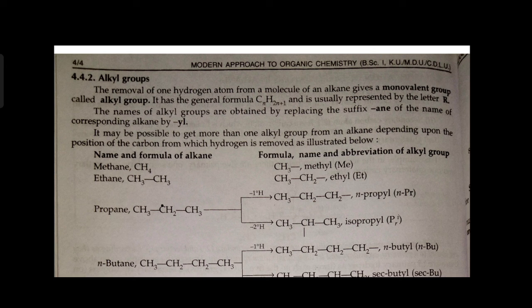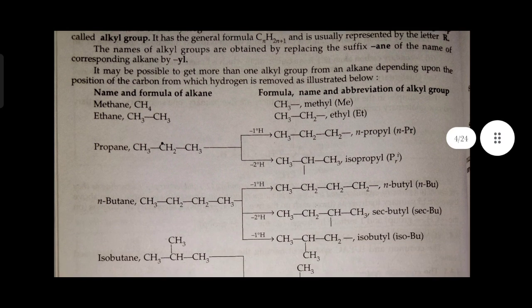It has the general formula CnH2n+1 and is usually represented by the letter R. The names of the alkyl groups are obtained by replacing the suffix -ane of the name of the corresponding alkane by -yl. It may be possible to get more than one alkyl group from an alkane depending upon the position of the carbon from which hydrogen is removed, as seen above.